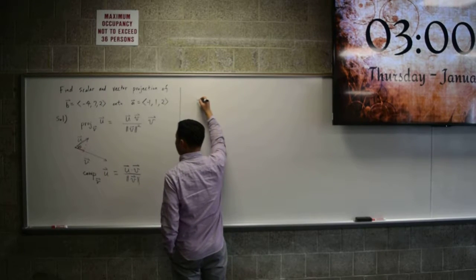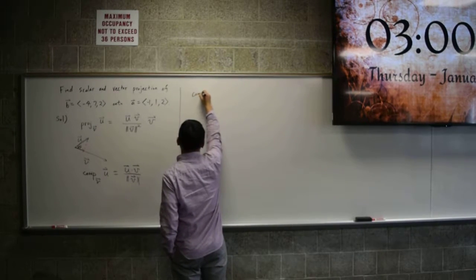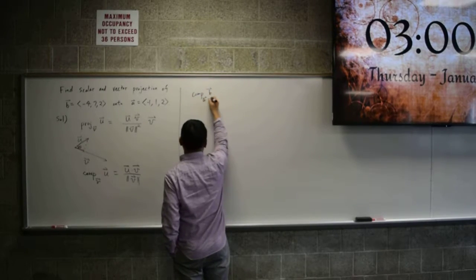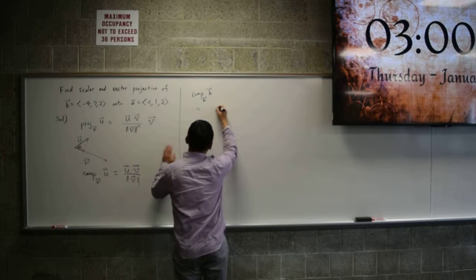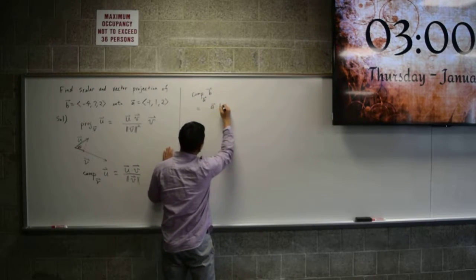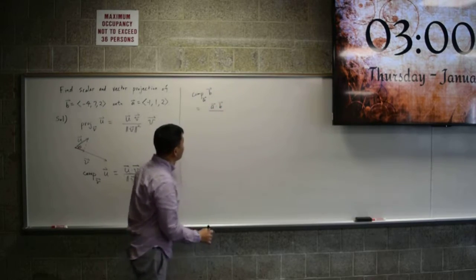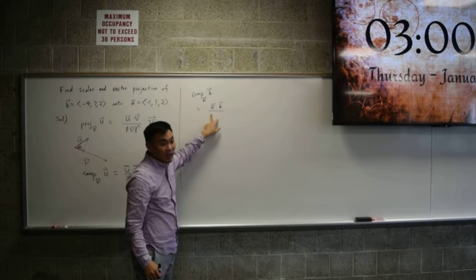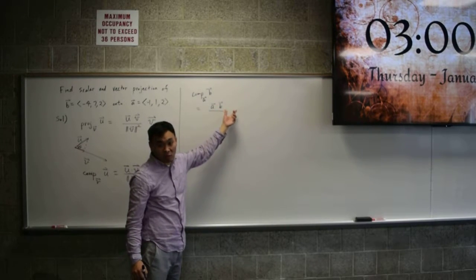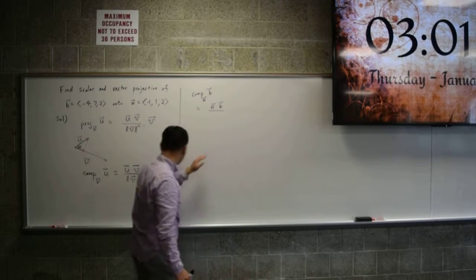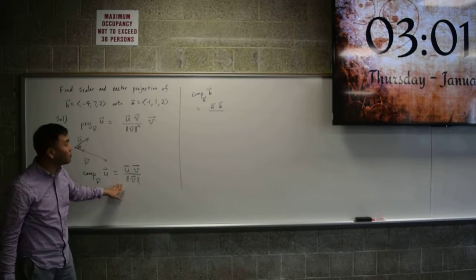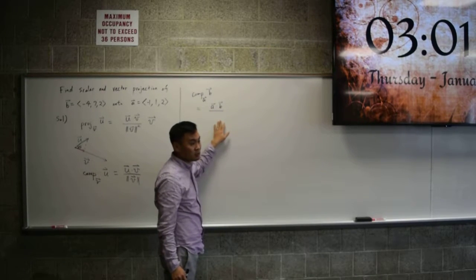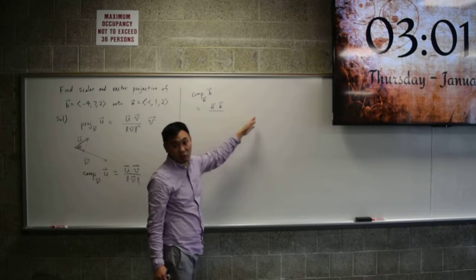So in our case, what is the component of the vector b onto vector a? According to this formula, you have to do a dot b, and because you really want the component of b, you want to get rid of a. You really want b times cosine theta. So rather than trying to memorize this formula, it's really helpful if you can see this as a times b times cosine theta, and I want to get rid of a so that I end up with b cosine theta.